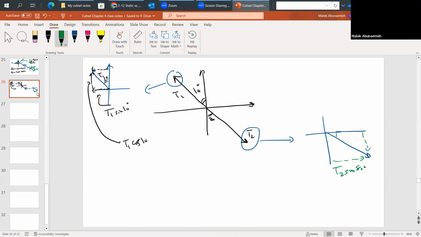Again, our angle is 80 degrees. And this is going to be the same as this one. Yeah, this is the x-axis, it's supposed to be cosine.